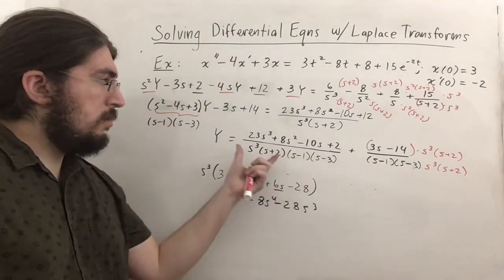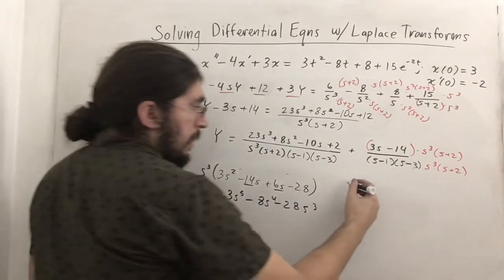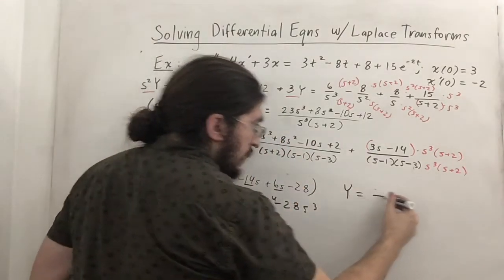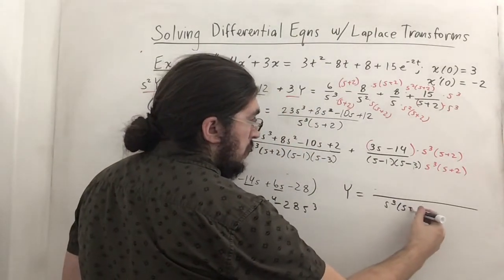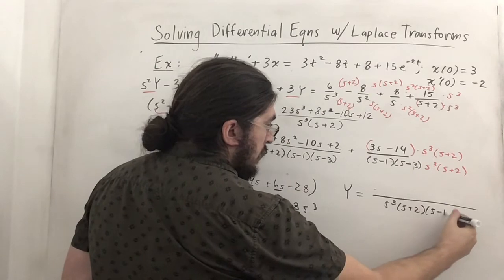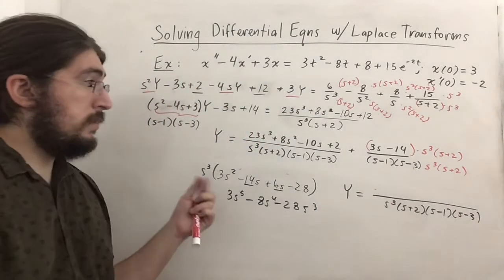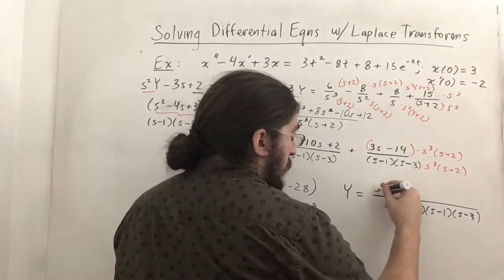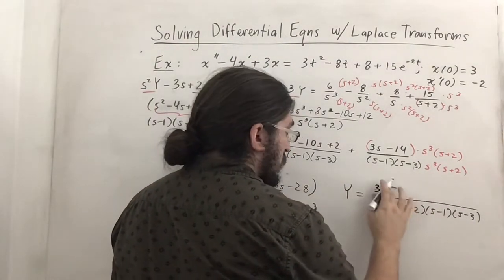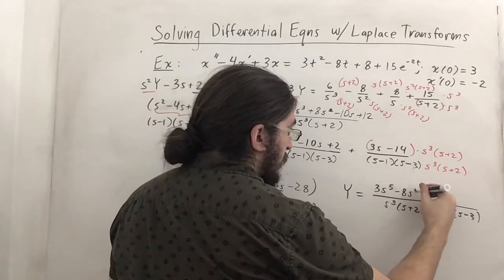And now adding those to this numerator, because I'll have the same common denominator now, finally leaves us with y is equal to all over s cubed times s plus 2 times s minus 1 times s minus 3. In the numerator we have, so notice there are no s to the 5th and s to the 4th, so let's write those. 3s to the 5th minus 8s to the 4th.